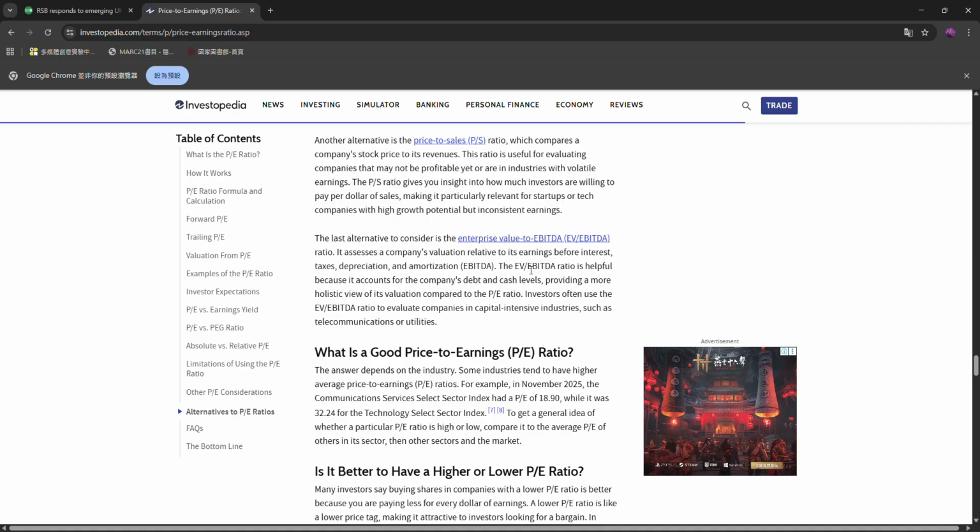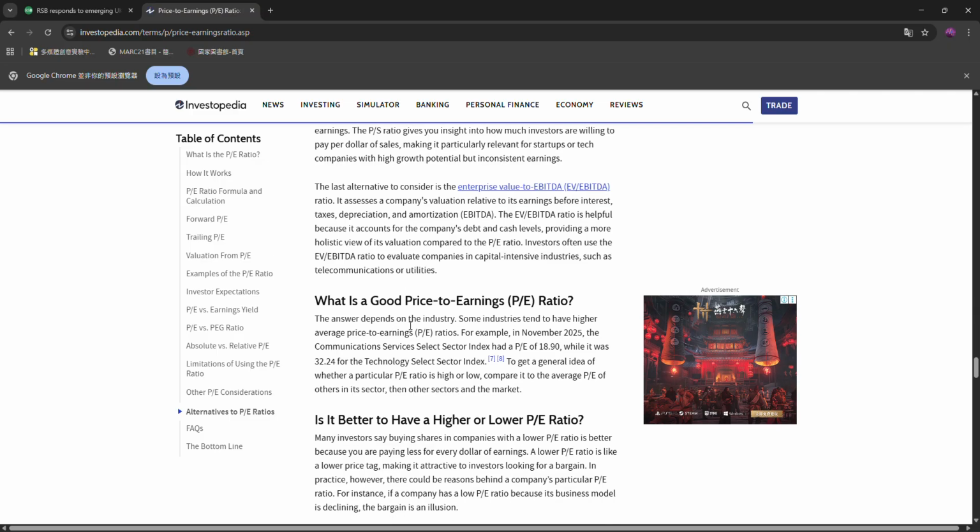The EV/EBITDA ratio is helpful because it accounts for a company's debt and cash levels, providing a more holistic view of its valuation compared to the PE ratio. Investors often use the EV/EBITDA ratio to evaluate companies in capital-intensive industries such as telecommunications or utilities.